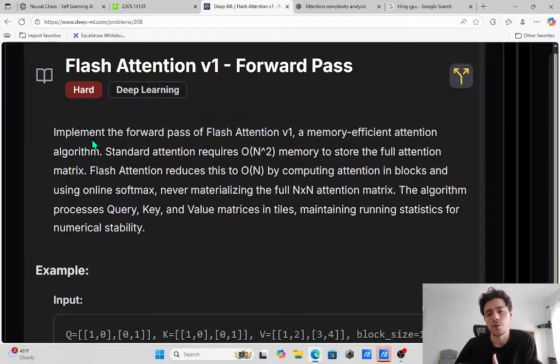The question is about the forward pass of Flash Attention v1, a memory efficient attention algorithm. Standard attention requires the full attention matrix. Flash Attention is an O(N) memory algorithm that processes attention in blocks using online softmax. The algorithm processes query, key, value matrices in tiles, maintaining running statistics for numerical stability.